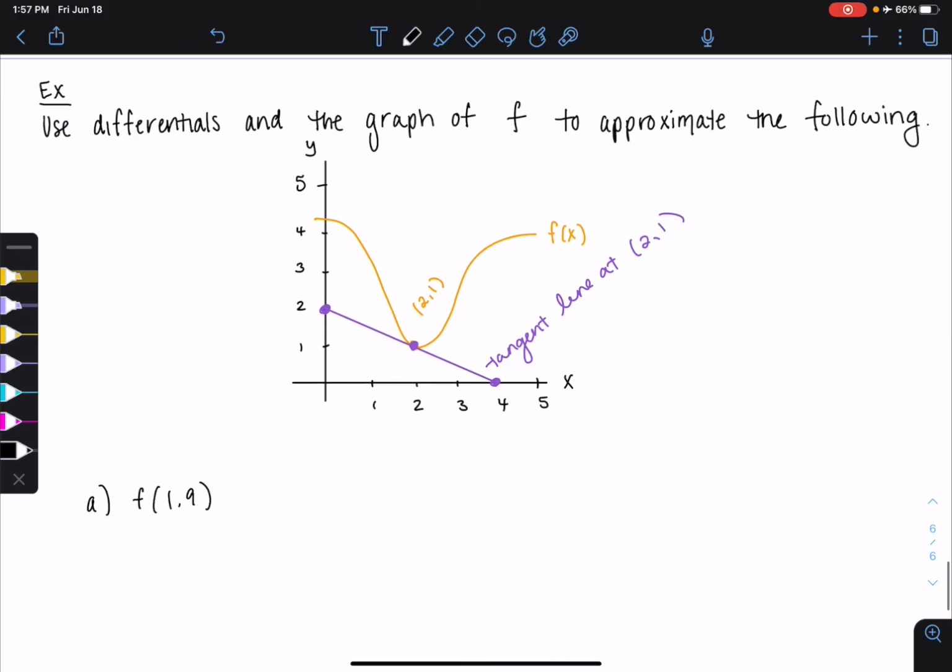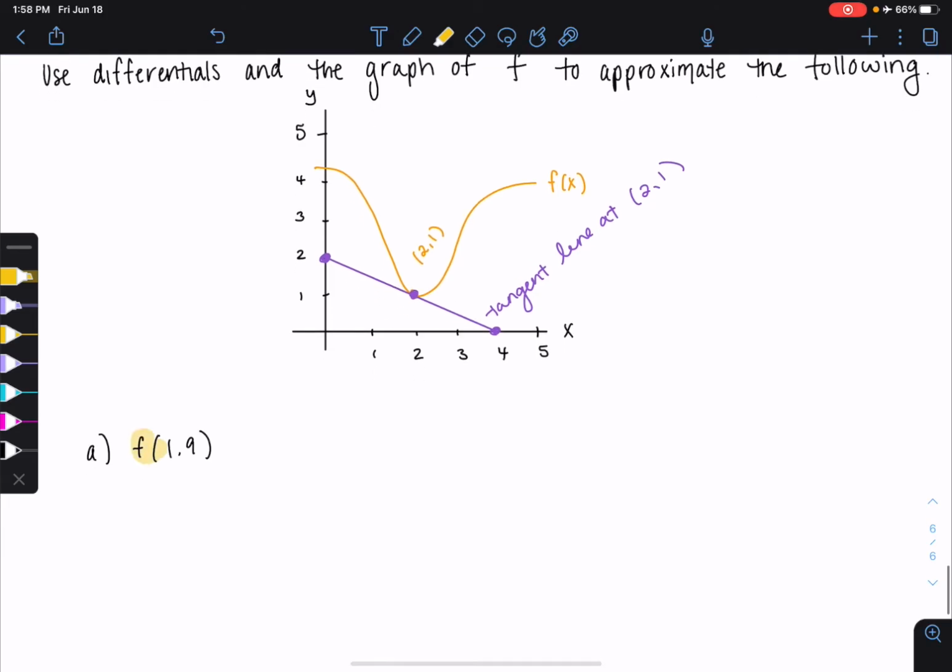So one last one, we're going to use differentials and the graph of f to approximate the following. So we've got this function, which we have no idea what that's going to be, but I do know what the tangent line looks like at the point (2, 1). And the first thing we want to do is approximate what is the function at 1.9, which is roughly around here, okay?